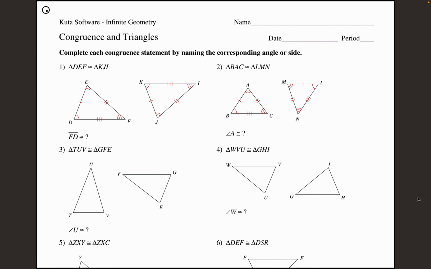Yes. I'm just making sure it's right, but yeah, that's good. On 7, when it says write a statement, all you're putting is triangle blank is congruent to triangle blank. So you just have to name the triangles how they're congruent.